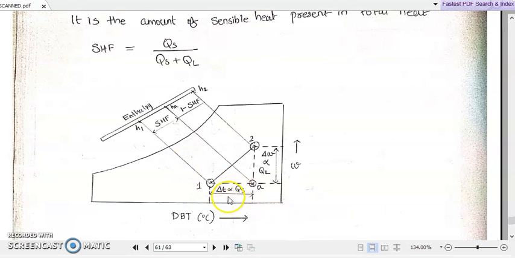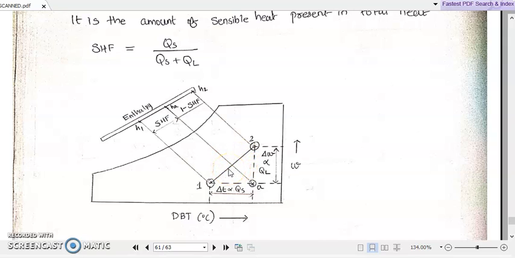Okay, so how can we represent this sensible heat factor? It can be very easily represented on the psychrometric chart. Suppose there is a psychrometric process from 1 to 2, any sample process we are considering, for example, a process from 1 to 2 in the air conditioning equipment.